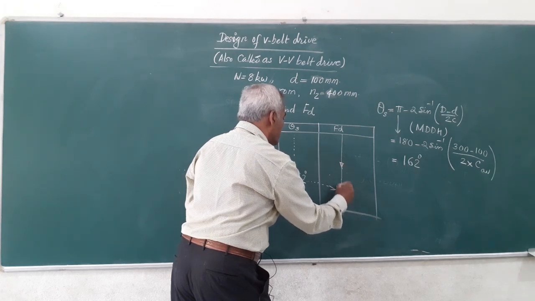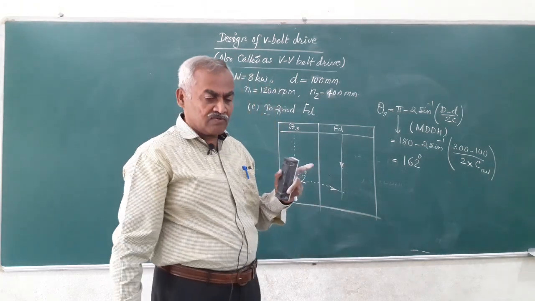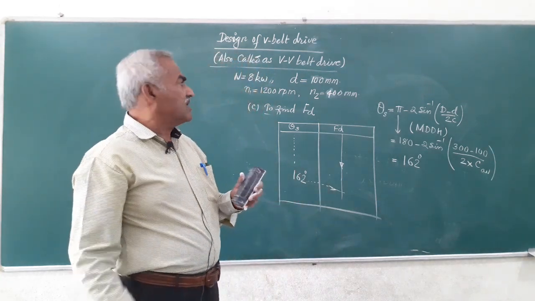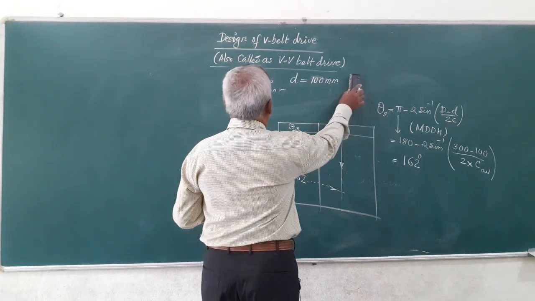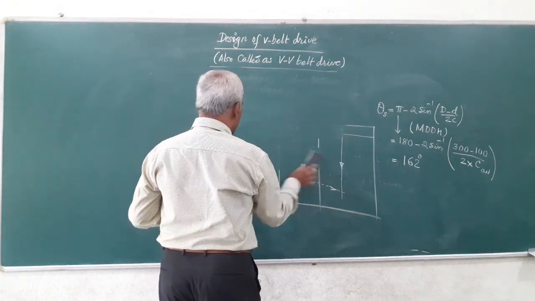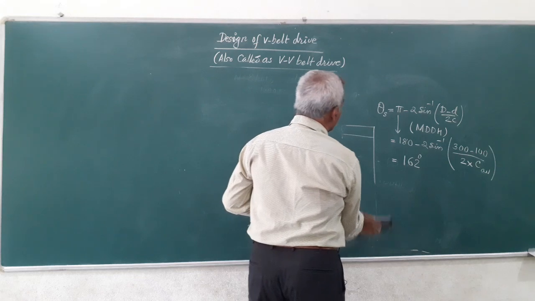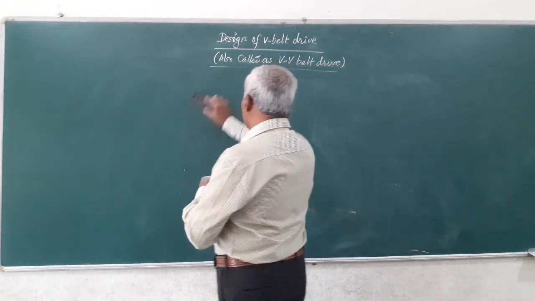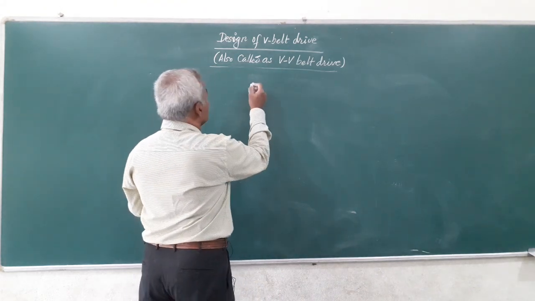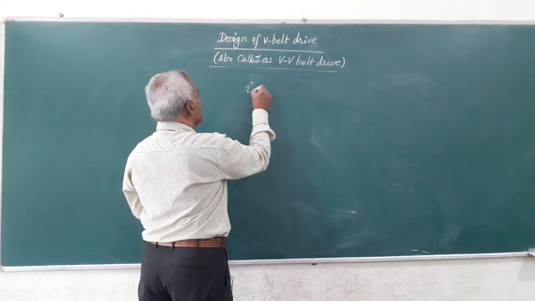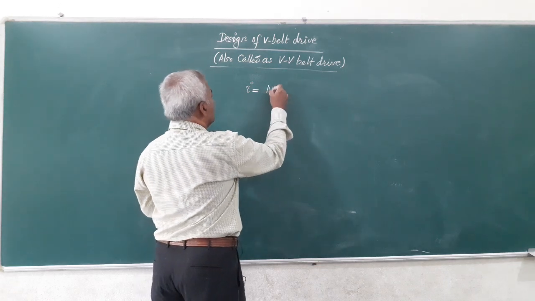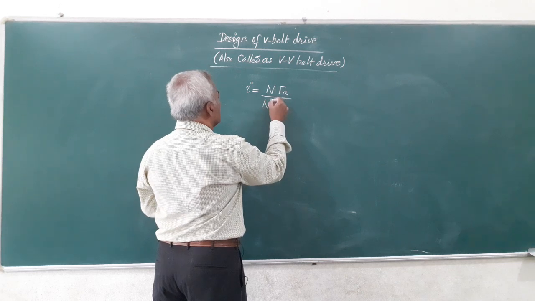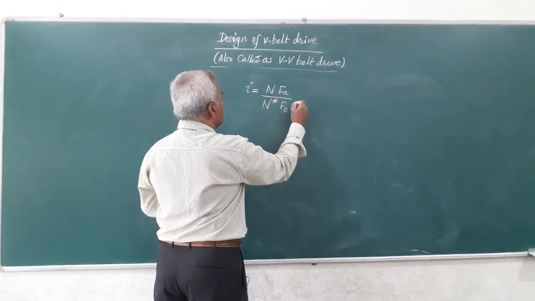So, friends, we are able to calculate all these factors, namely FA, FC, FD, and the power transmitted by each belt. After calculating all this, we are left with the substitution of these values in the equation for the number of belts. So, friends, the number of belts I is equal to N times FA divided by N star FC FD.